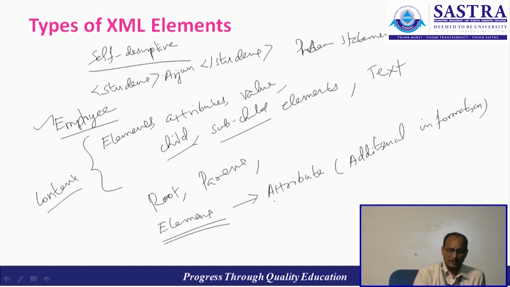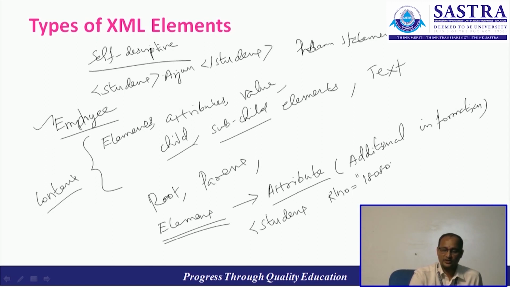One more thing: I have added an attribute for an element. Say for example, I have student. Student is an element and it has one attribute called roll number and its value is 1808079.